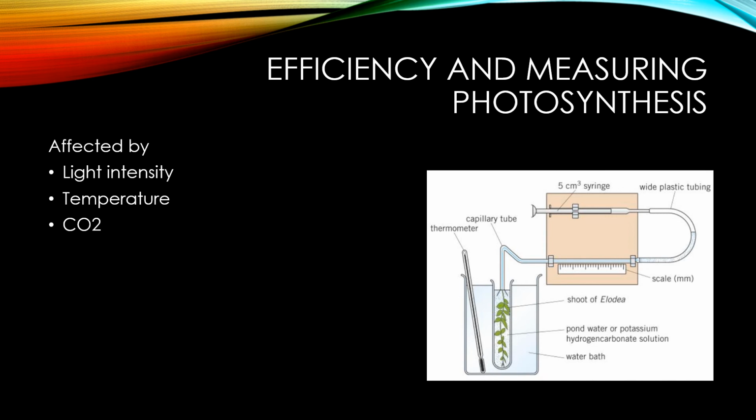If there's a low temperature, enzymes denature, and carrier proteins like NADP and the electron transport chain can't function because they're made up of proteins. And if proteins are heated too much or not enough, then they start to denature. And if there's not enough carbon dioxide, the carbon dioxide can't bind with RuBP, and if it can't bind with RuBP, then the reaction cannot occur.